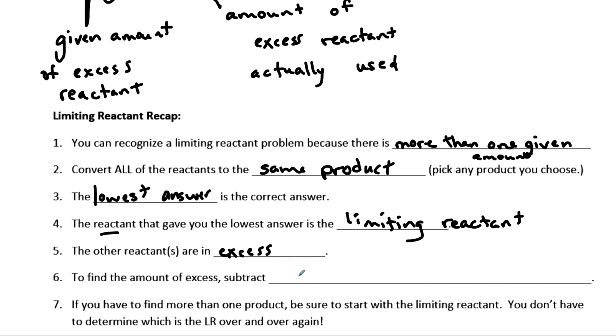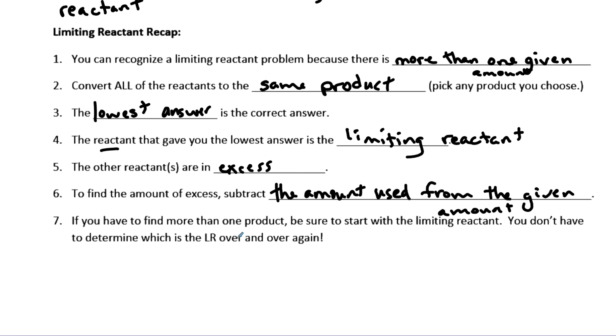And what we just did to find the amount of excess, subtract the amount used from the given amount. And finally, if you have to find more than one product, once you know the limiting reactant, you do all future calculations based off the amount of limiting reactant, so you don't have to continually find the limiting reactant over and over again.